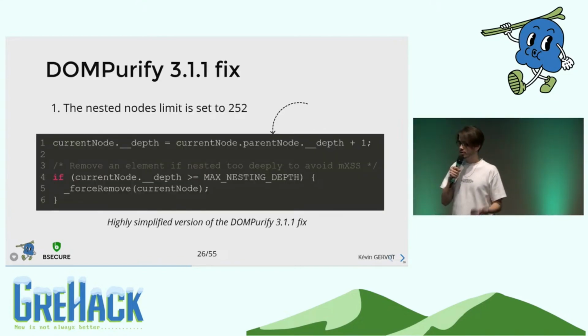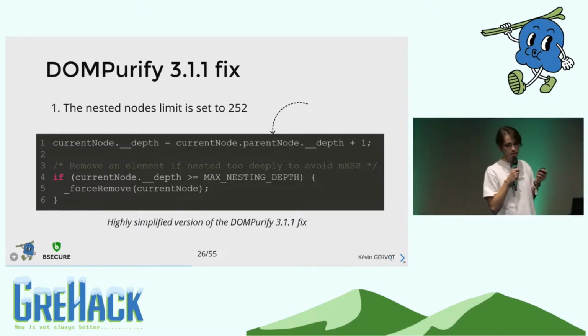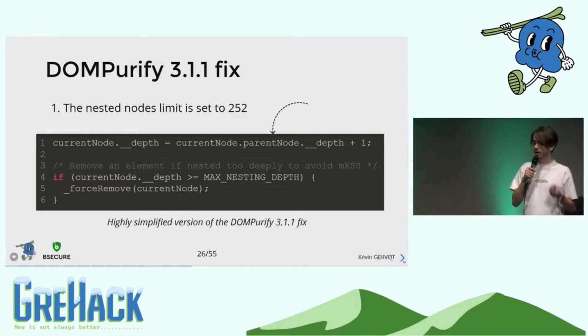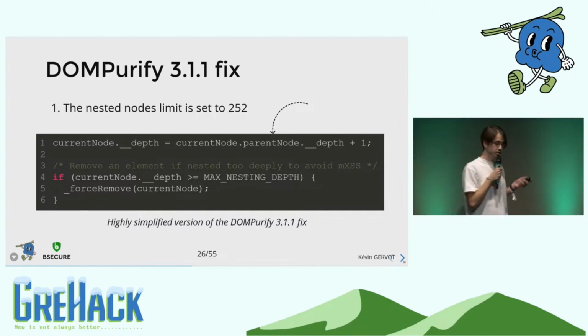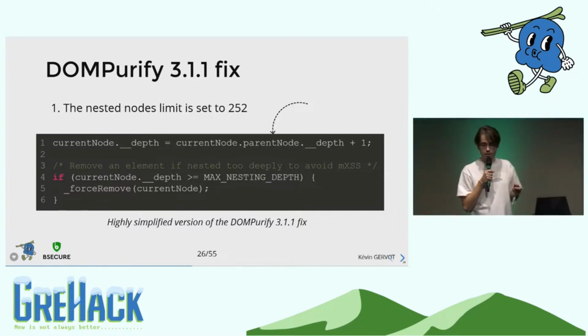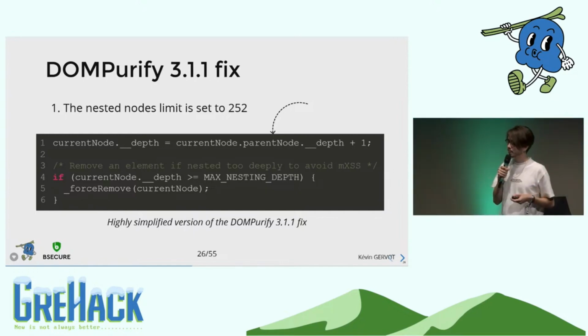So to fix the previous issue, they put in place two main mitigations. The first one is that now, starting this version, it is not possible to have more than 252 nested nodes. So the previous bypass isn't possible. And to track the depth of a node, they use a custom depth property.